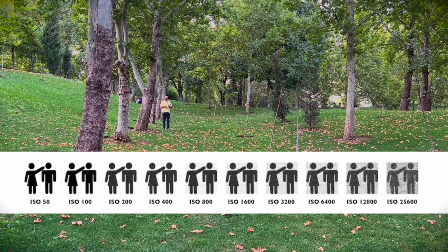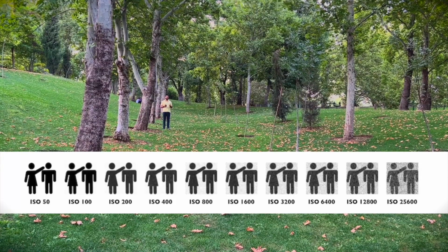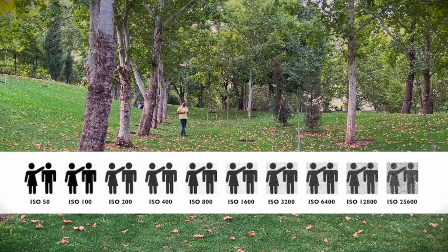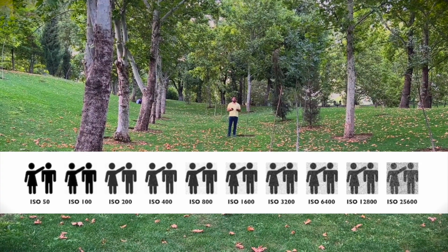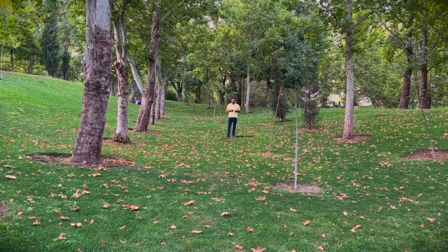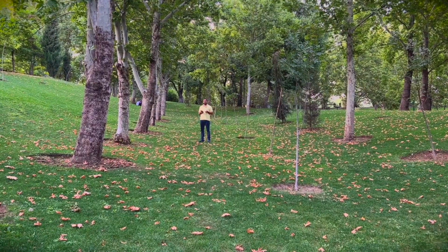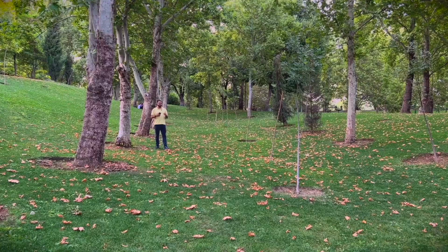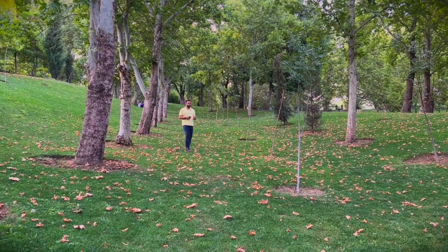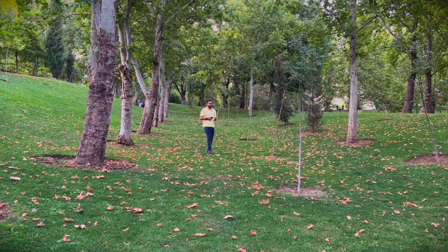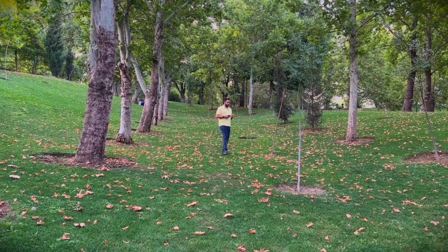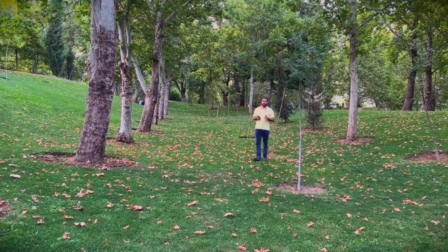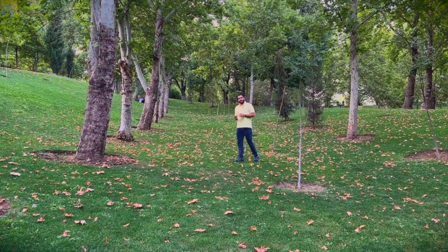A lower ISO, like 100, means less sensitivity to light and less noise, resulting in a crisp, sharp, cleaner looking image. A higher ISO, like 3200, increases your sensitivity, allowing you to shoot in low light, but there's a catch here. It causes noise or grain, if you know something about editing software.